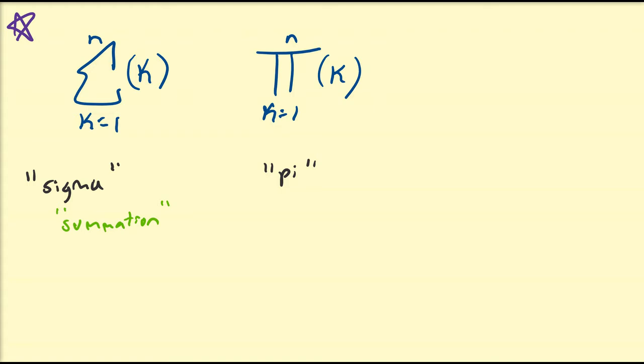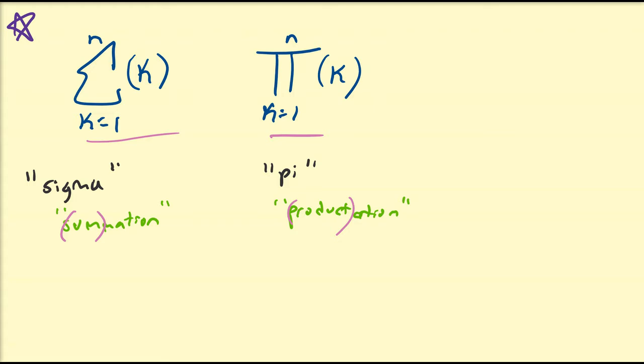And sometimes this representation on the right is referred to as product notation, though not as common. So important, the prefixes of these words, sum and product, sort of correspond to what these representations mean.